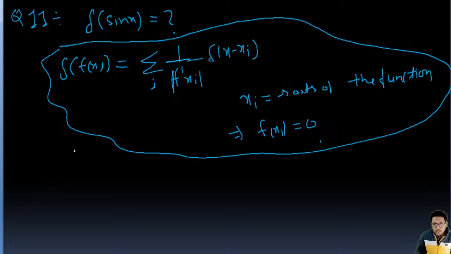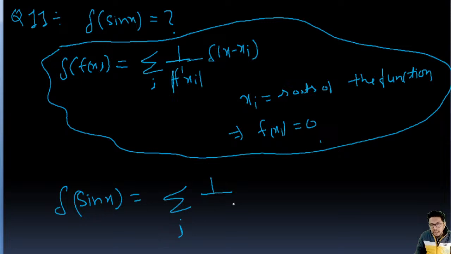Okay, so delta sin x. Here we'll use this property: sigma over i of 1 upon mod f dash xi, delta x minus xi. The differentiation of sin x is going to be cos xi.